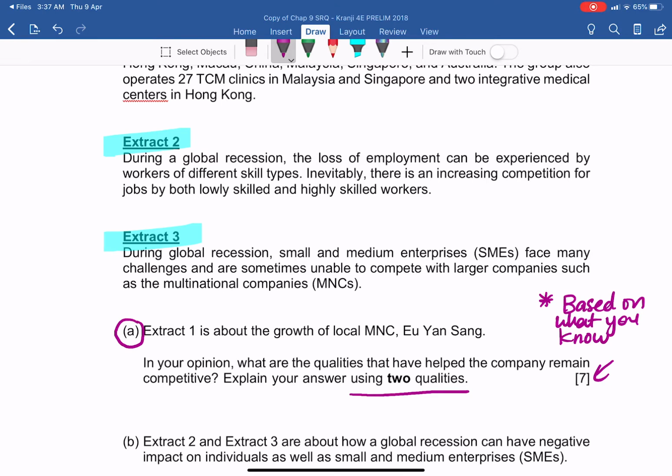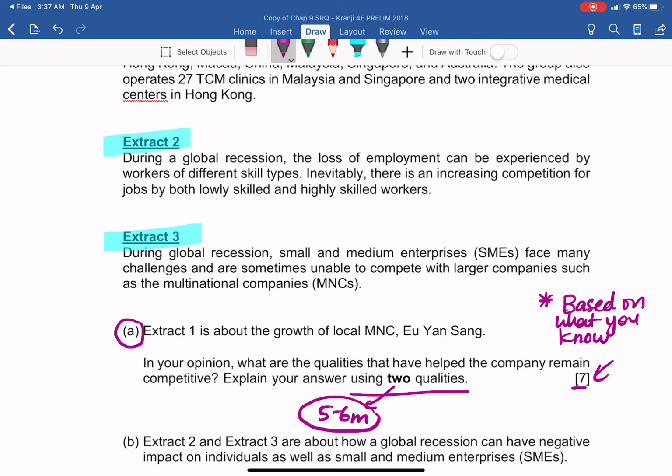And in terms of the marking scheme, because this is 7 marks, if you give one example or one answer, it is 5 to 6 marks already.